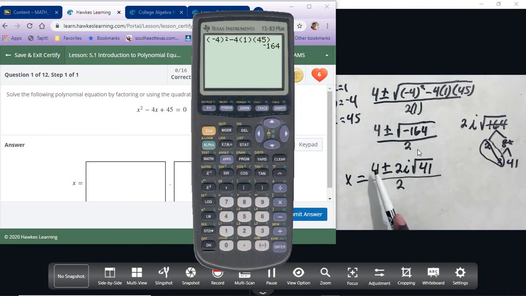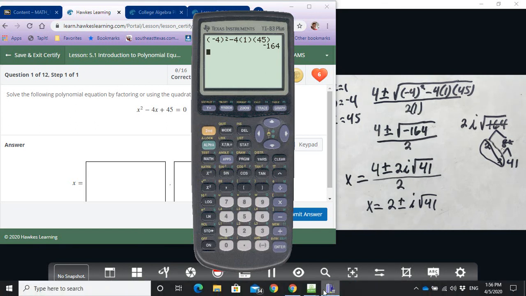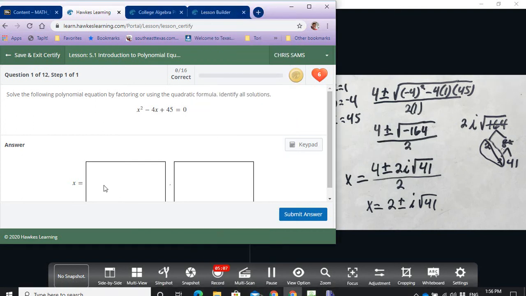Alright, this and this are both divisible by 2, so we're going to divide by 2, and then we get x equals 2 plus or minus i square root of 41. So you get two numbers, 2 plus i square root of 41, and 2 minus i square root of 41. So this should be our two solutions that we're looking for here.